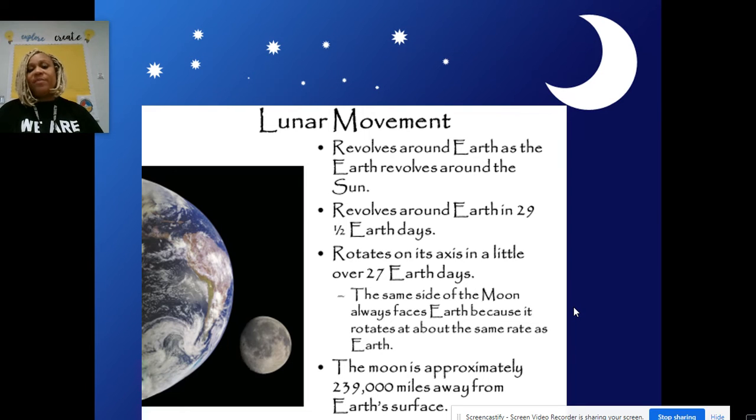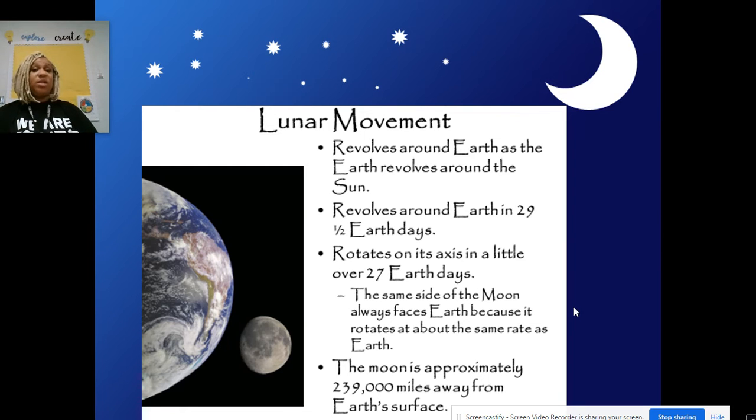So the lunar movement, it revolves, that word revolve, revolution. It revolves around Earth as the Earth revolves around the sun. Did y'all catch that? The Earth revolves around the sun, right? It's not spinning, but it revolves around the sun. It revolves around Earth in 29 and a half days.